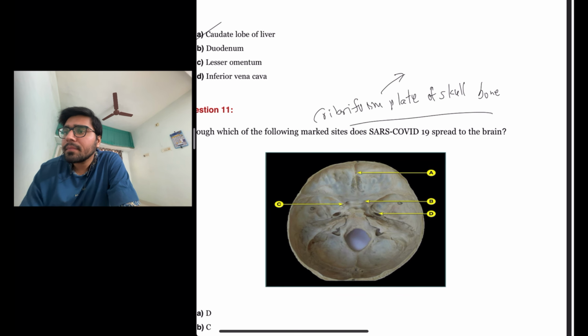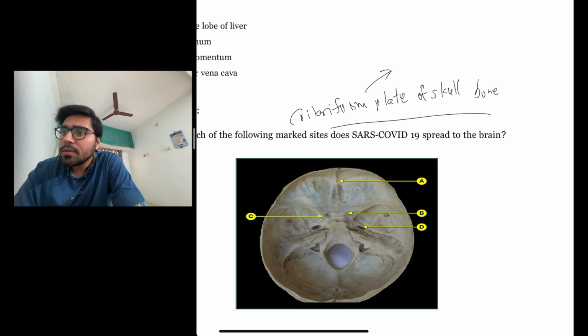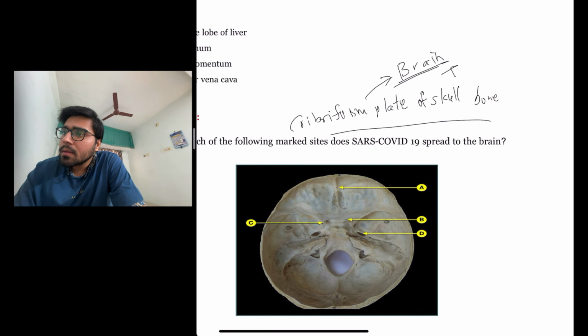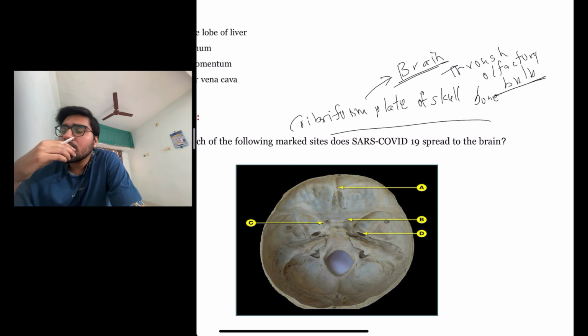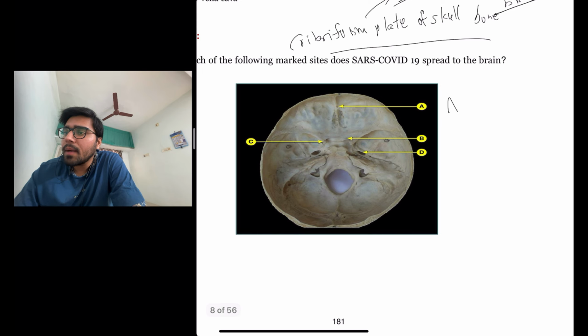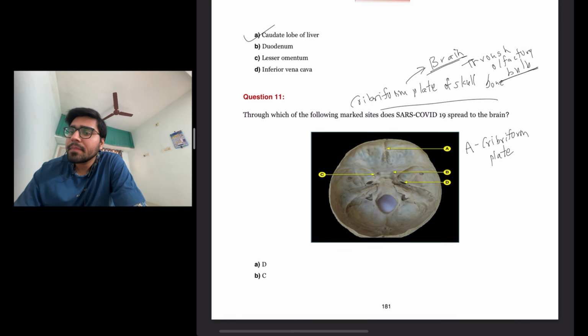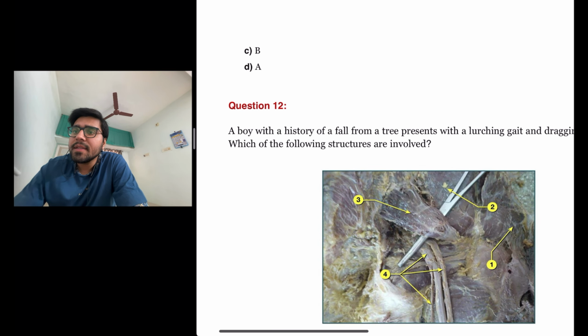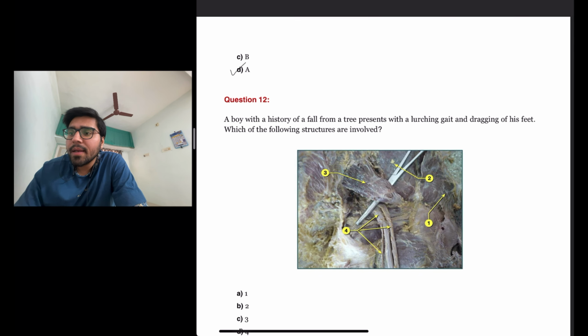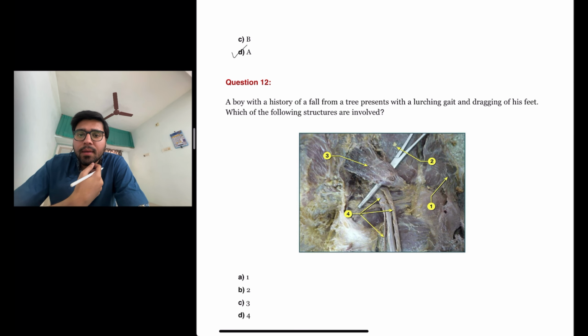From there, it spreads to the brain through the olfactory bulb. So the site that is marked as A is suggestive of cribriform plate. So the answer here is D. A is the cribriform plate.